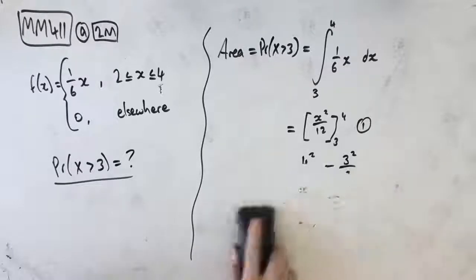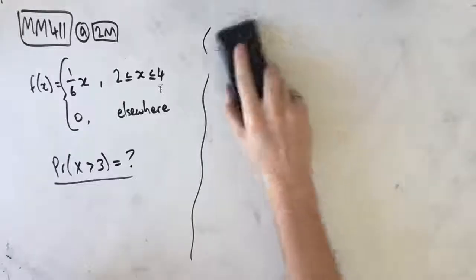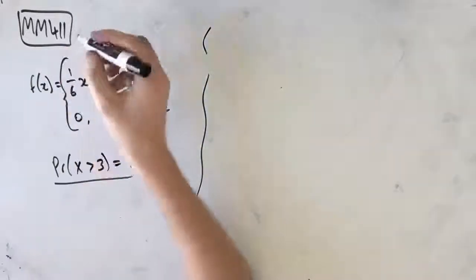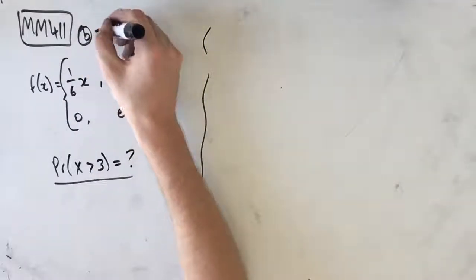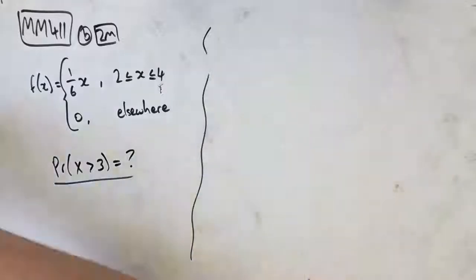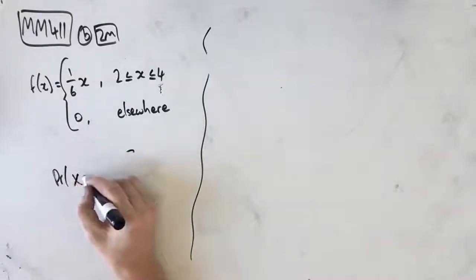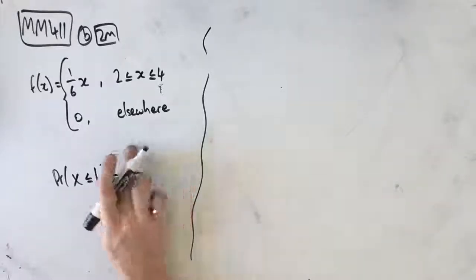Now part B, this time actually gives us our area, and we need to find the interval that we're looking at it for. So this is B, 2 marks, and it says if the probability of x is less than or equal to b equals 2 on 3, find b.